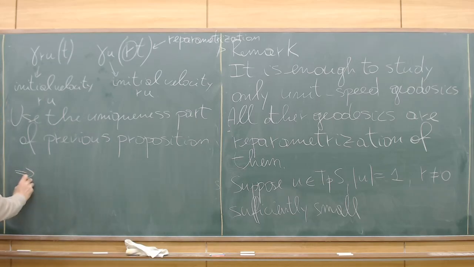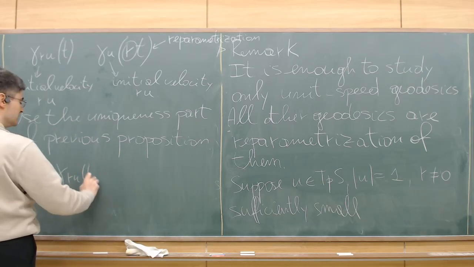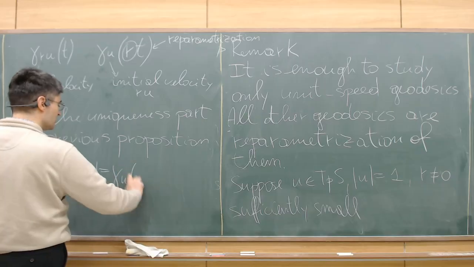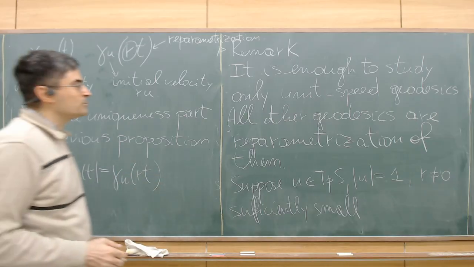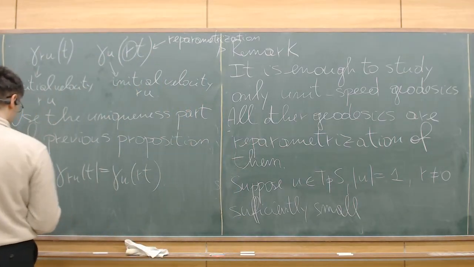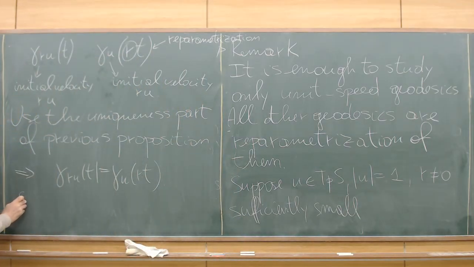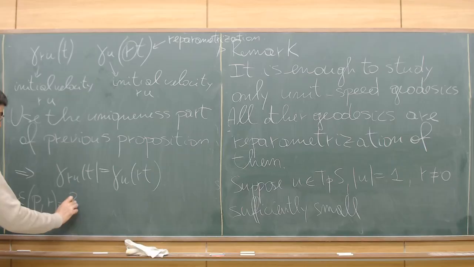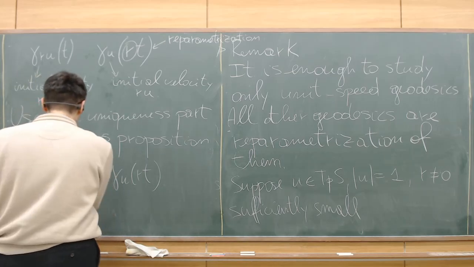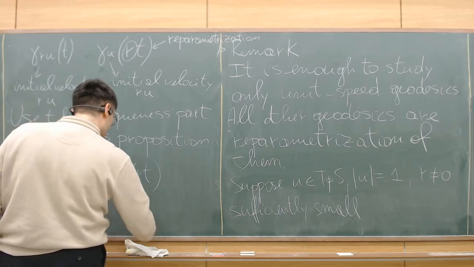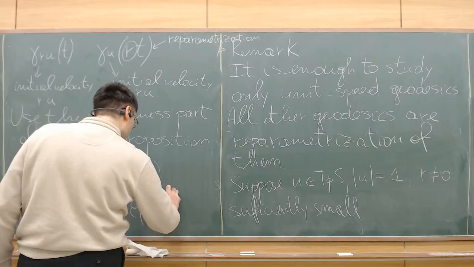So this implies that gamma RU(t) is equal to gamma U(rt). What about the value of epsilon P R? Can we find a relation between epsilon PR and epsilon P1?